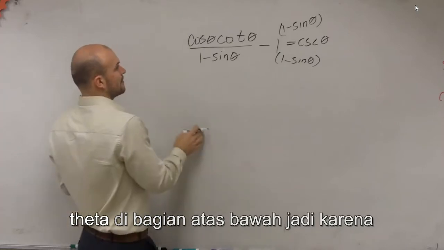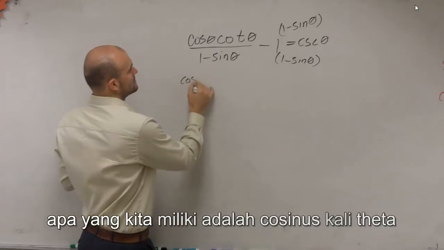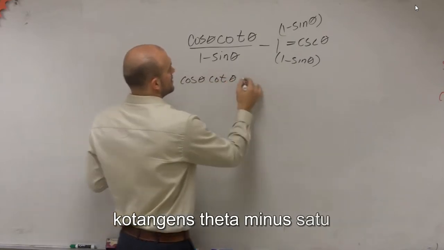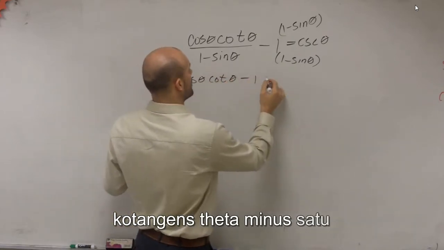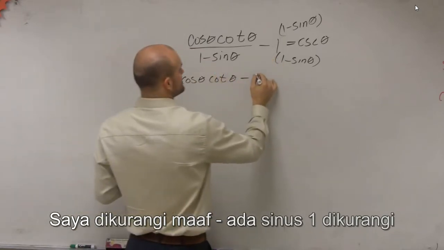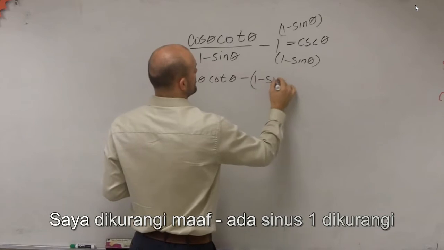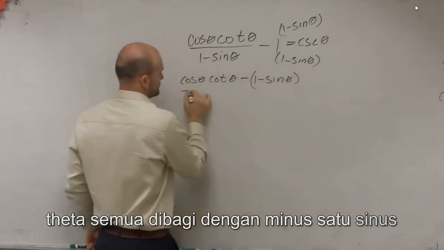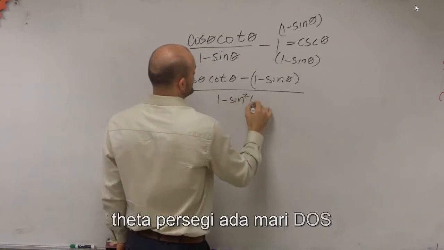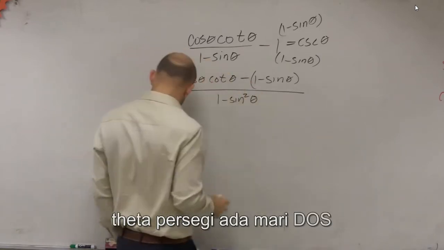So therefore, what we have is cosine of theta times cotangent of theta minus 1 minus sine of theta, all divided by 1 minus sine theta.